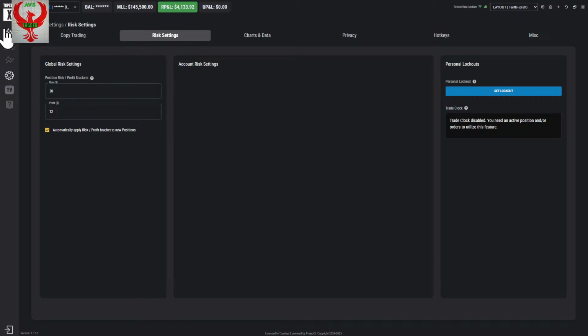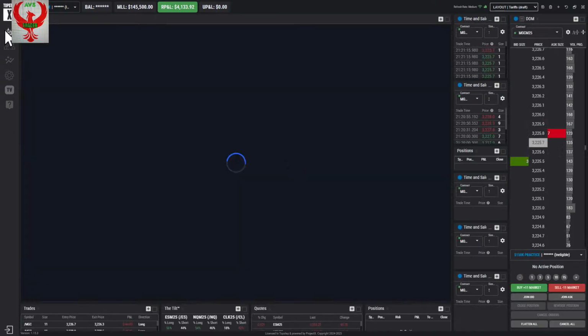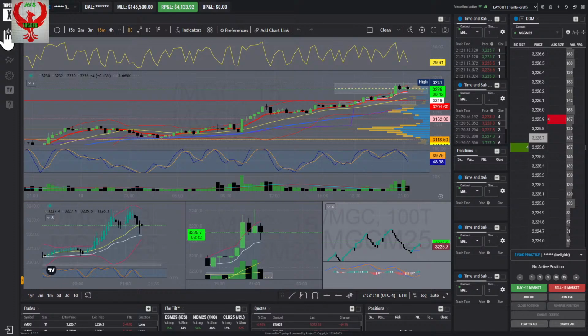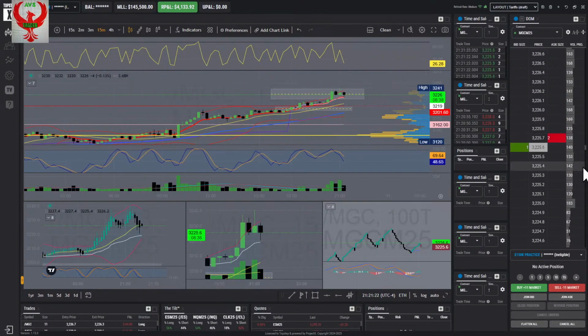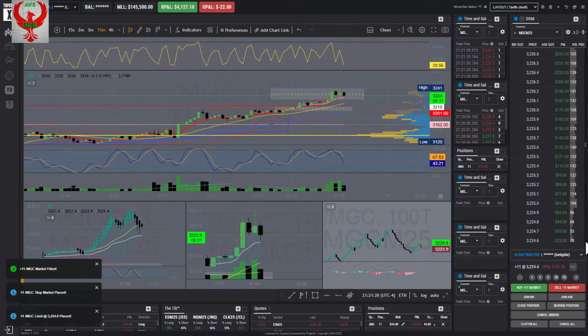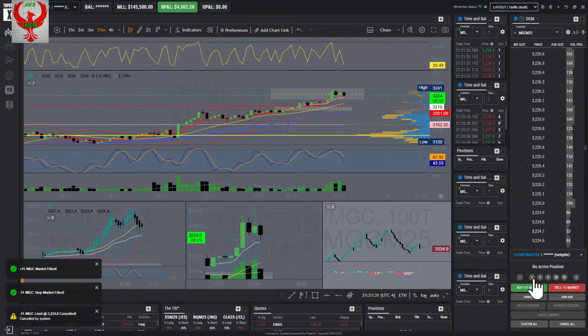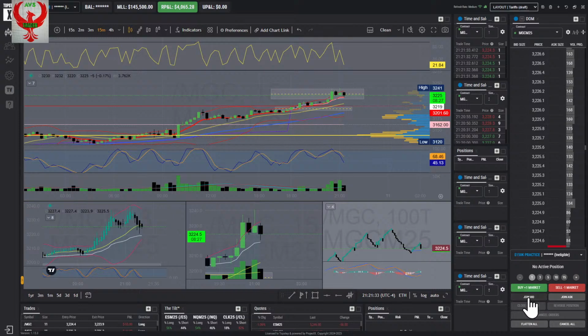If you can average 10 points a day with one micro for a year, heck yes, they're a great trader. Sure, that might be $20 a day on average. That's better than 98% of traders.